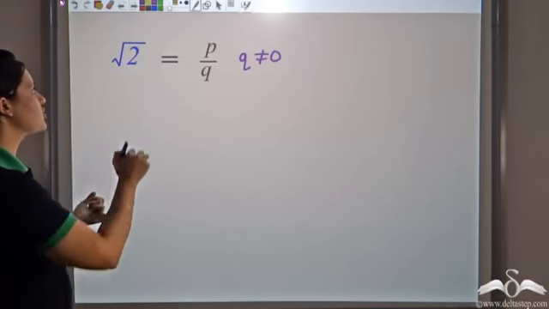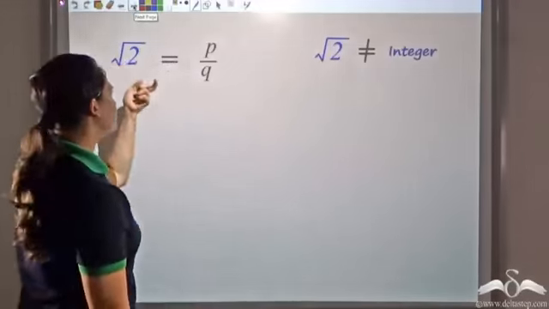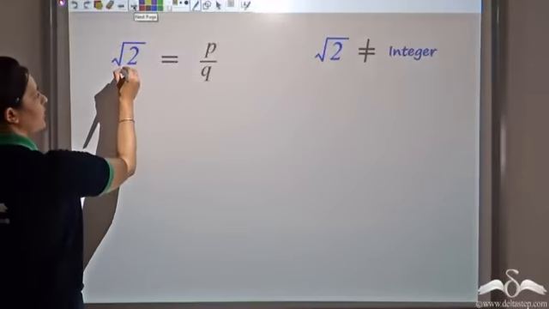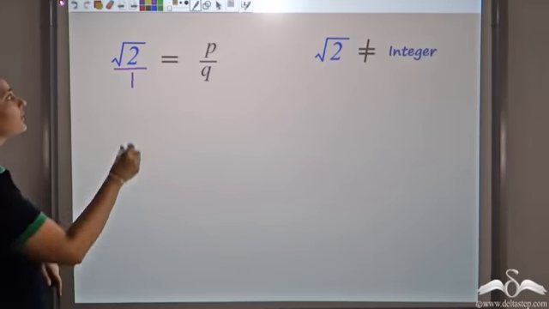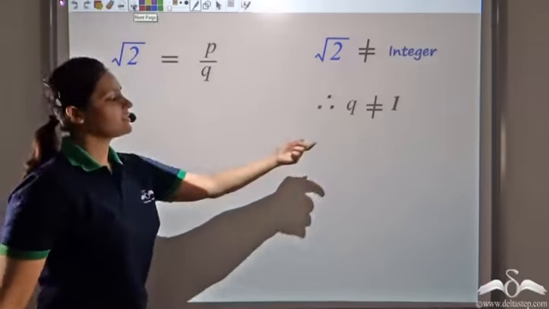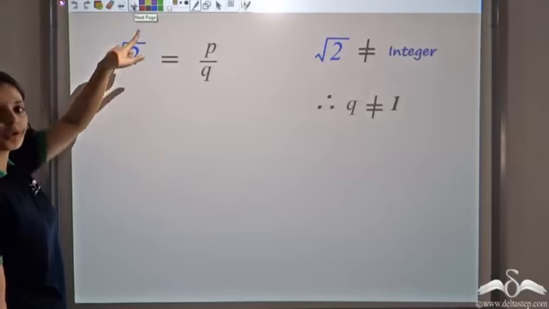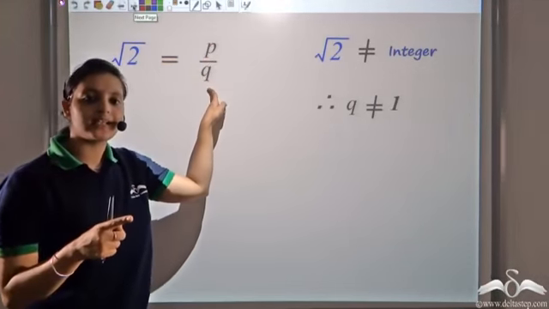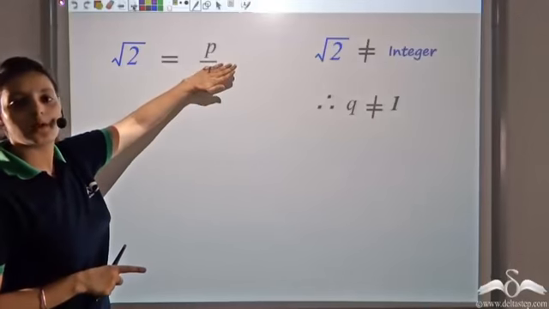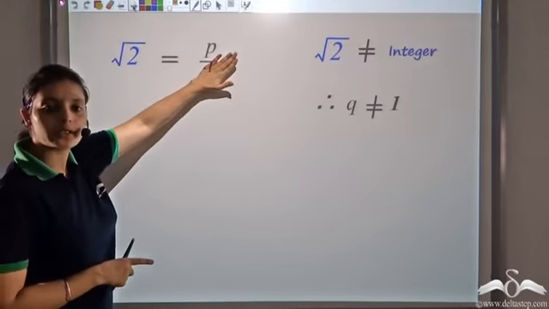So I cannot say it is under root 2 by 1. That means q is not 1, because it's not an integer. P by q represents an integer only if q is 1. Since this is not an integer, therefore q is not 1.